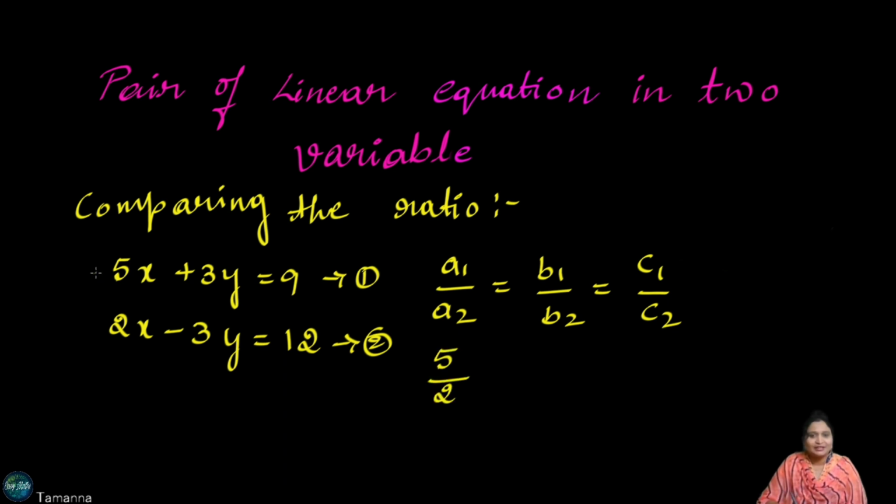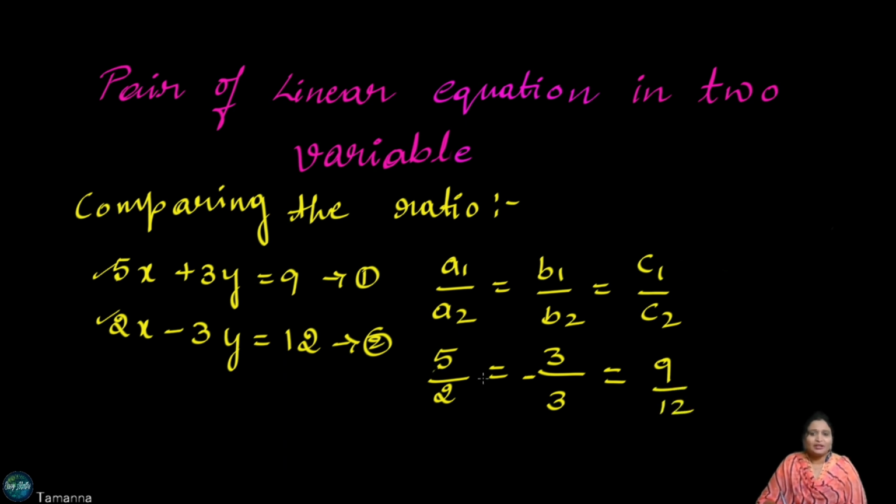So applying the coefficients from this equation, A1 is 5 and A2 is 2. And B1 is 3, but with the sign you have to write it as minus 3, so the minus sign goes in the numerator. C1 by C2 is 9 by 12.